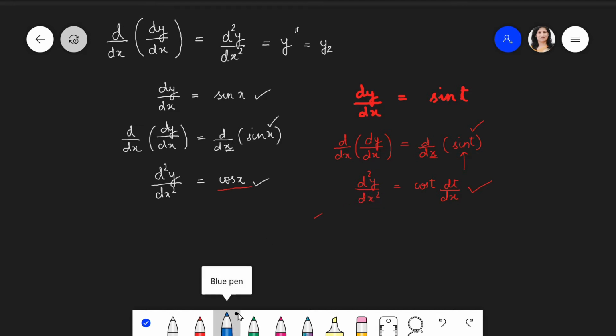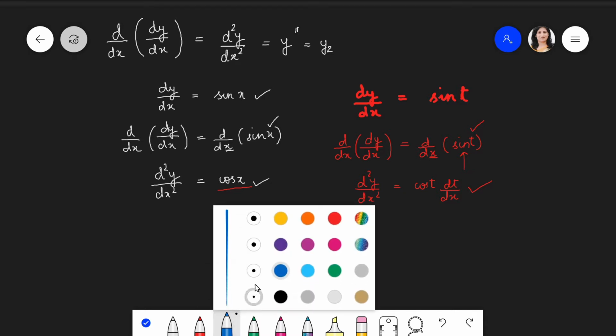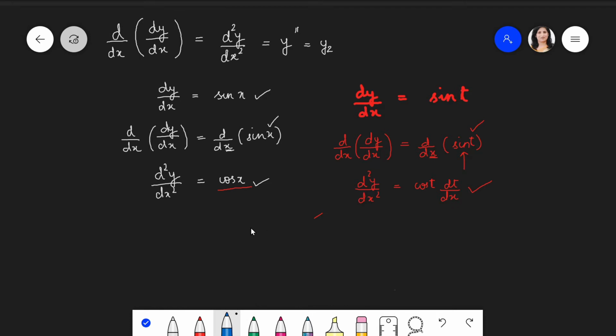Next, let us start with exercise 5.7 from the NCERT textbook. In this exercise, we are going to find out second order derivatives with respect to x only.